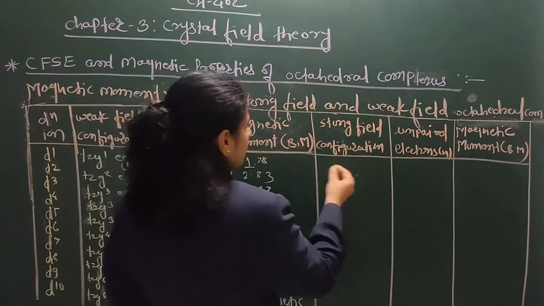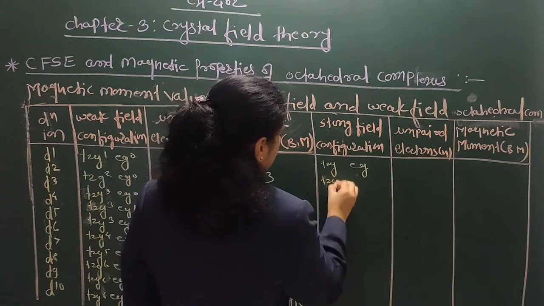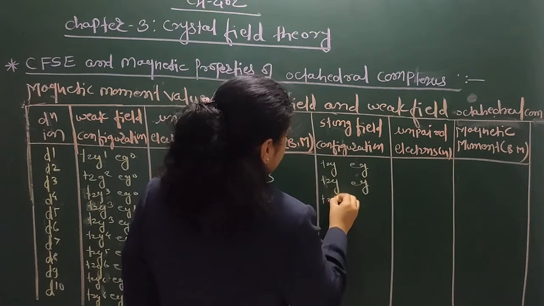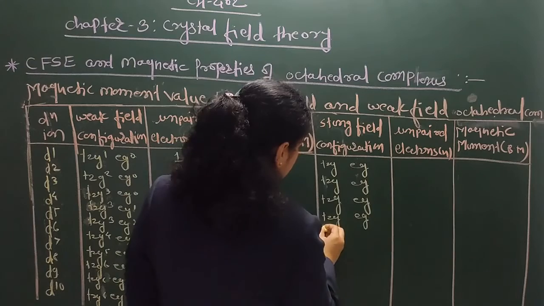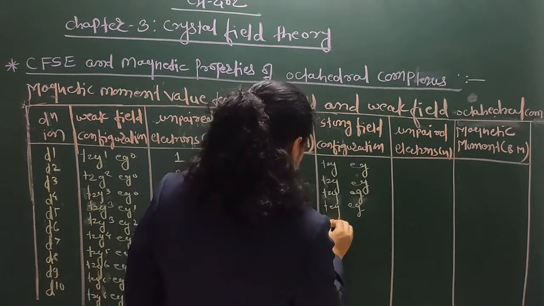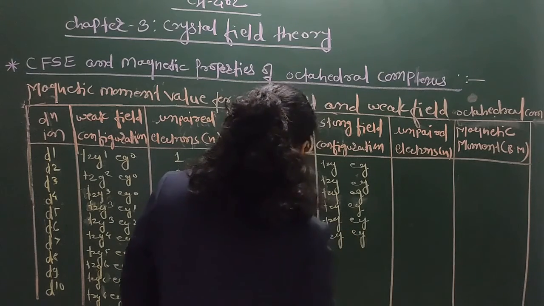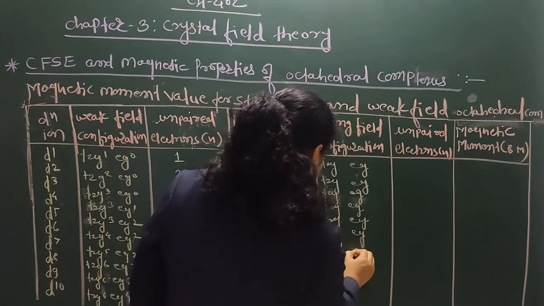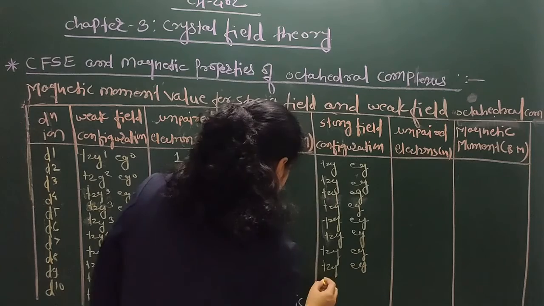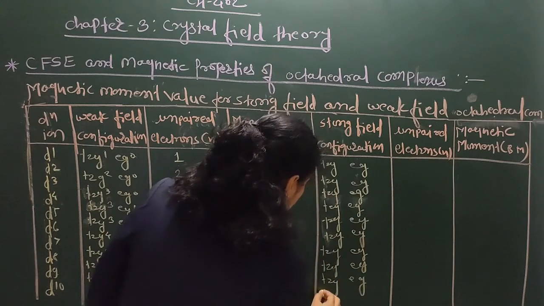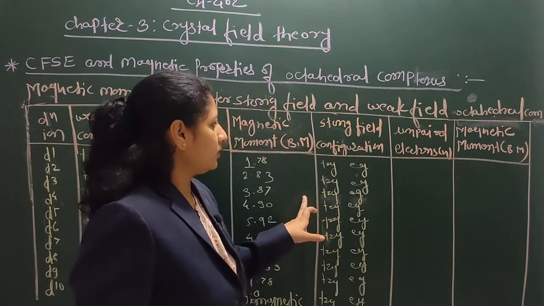Now what about the strong field configuration? As we know, in a strong field we can write the orbitals first, then fill the electrons. So this is a strong field electronic configuration.